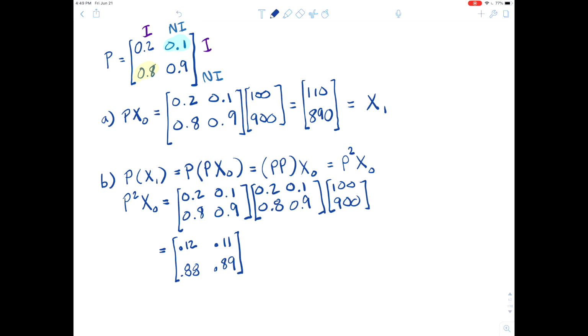And look at that. Do you see? You still have a stochastic matrix, right? Because each of those columns add up to 1.